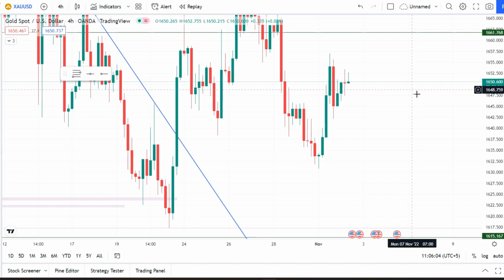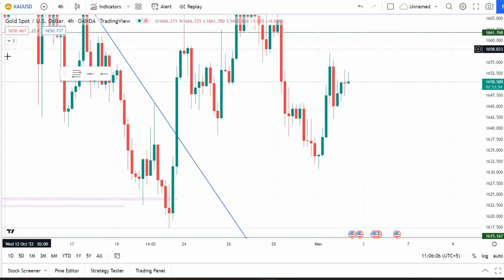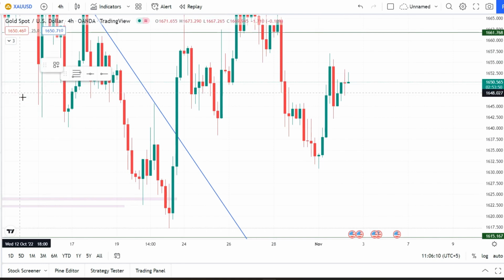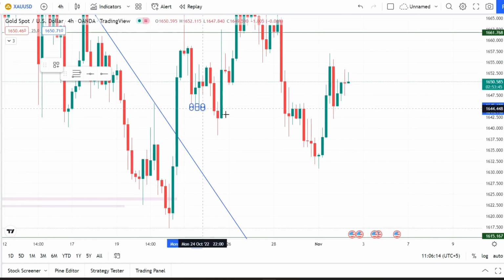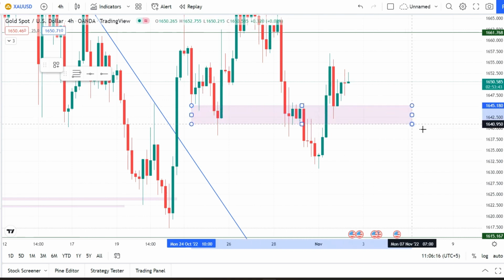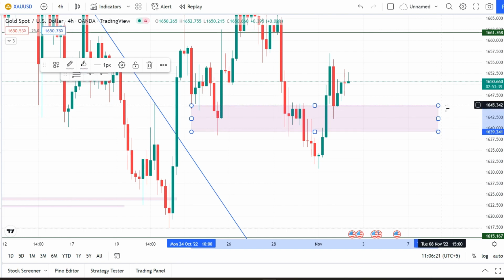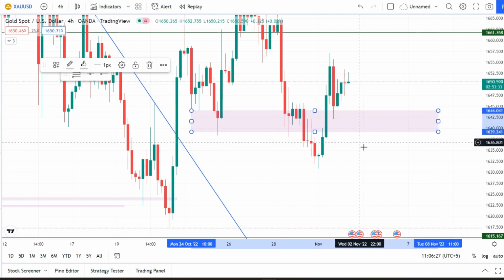If you ask me where we should open the buy trade and where we should open the sell trades, this is the most important zone that you should watch very carefully. That zone is approximately 1645, sorry, 1644 till 1640.